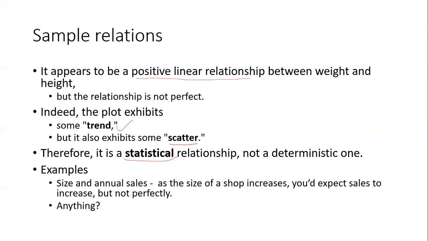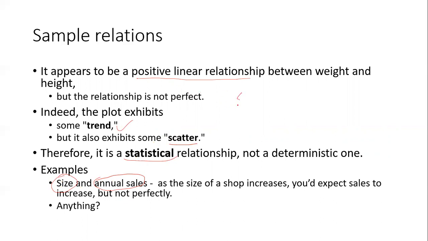So another example is the size of a shop and the annual sales. What we expect to see is that as the size of a shop, as the size of a market, goes up, then the annual sales goes up. So this is what you expect. But this is not a deterministic relationship.